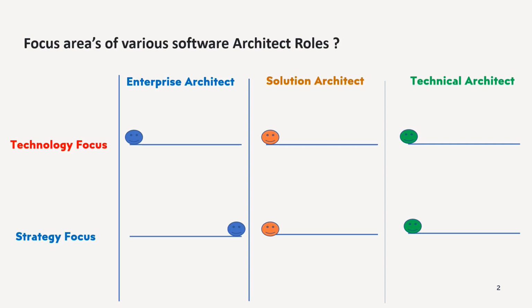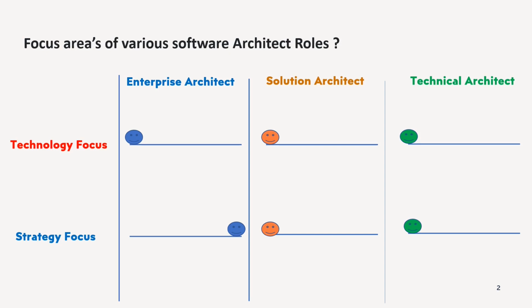These guidelines or principles are focused on the strategy side. Whatever the company's strategy is, that will be known to the enterprise architect, and they will make sure that the guidelines or principles they want enforced are part of those guiding principles.